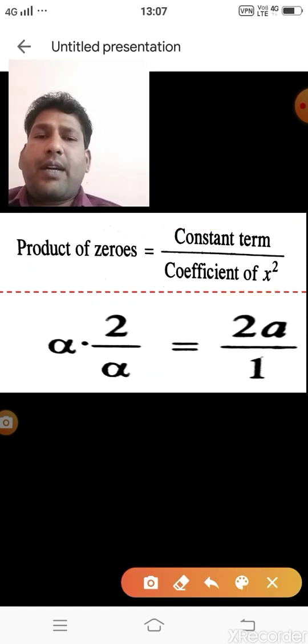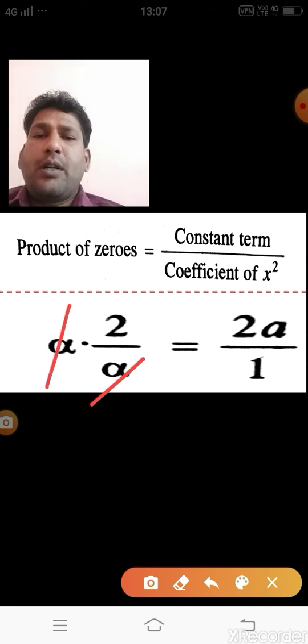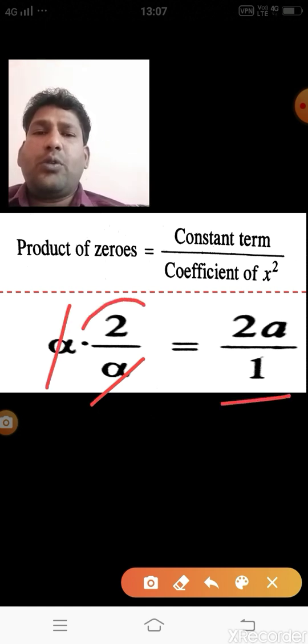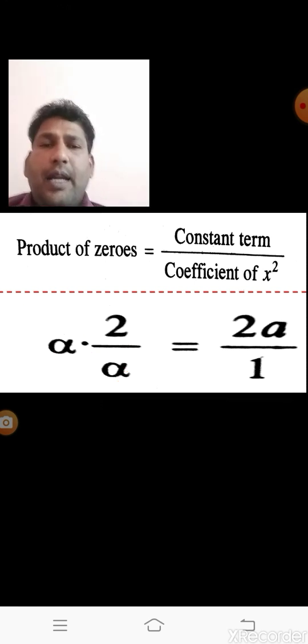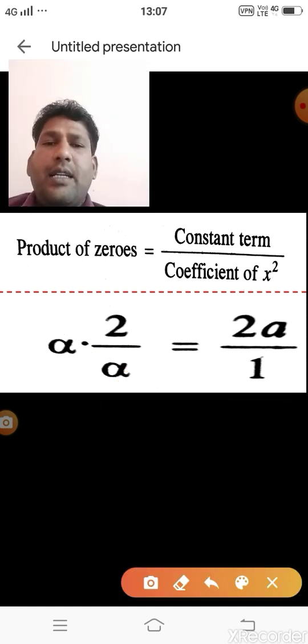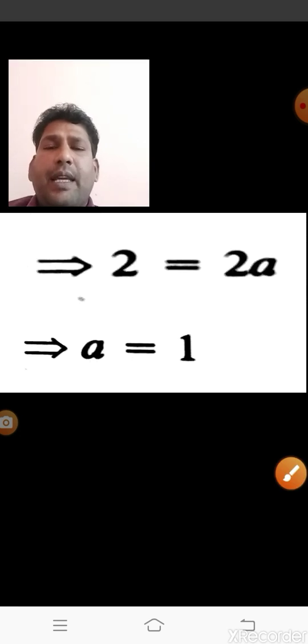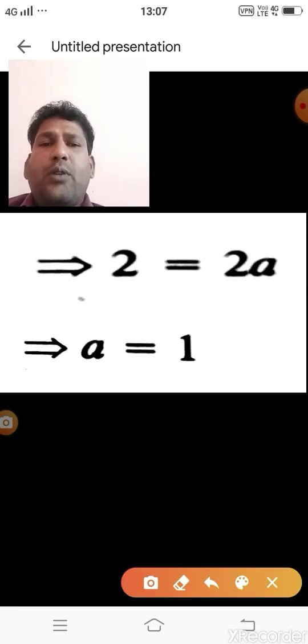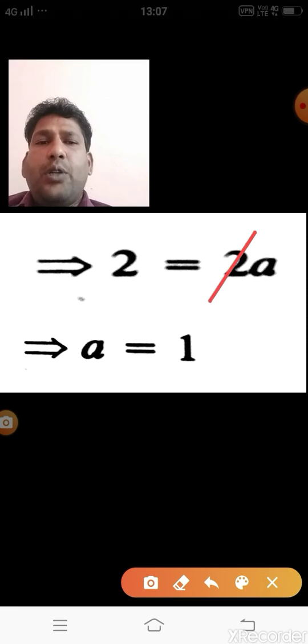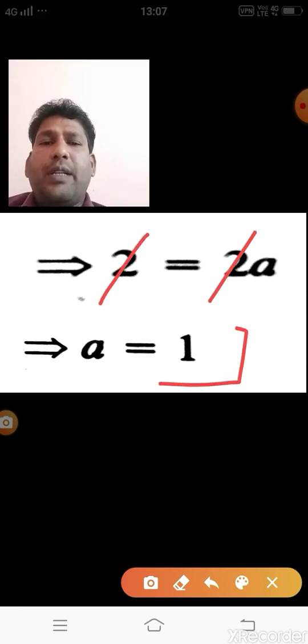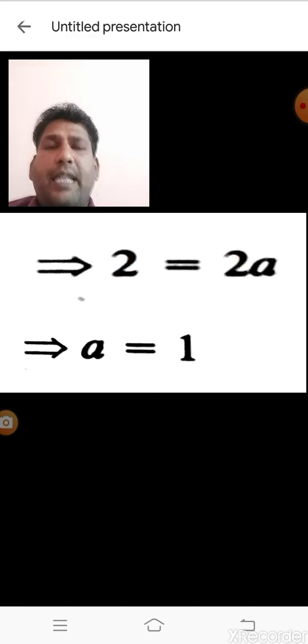Then alpha gets cancelled out and we are getting 2a upon 1 is equal to 2. And if you are solving this, then 2 gets cancelled out and we are getting a equal to 1. Means the value of a here we are getting 1.